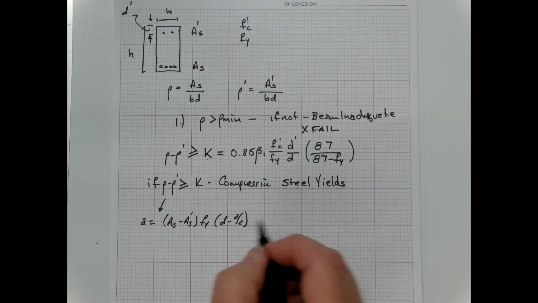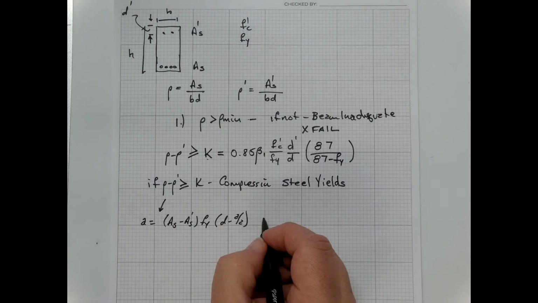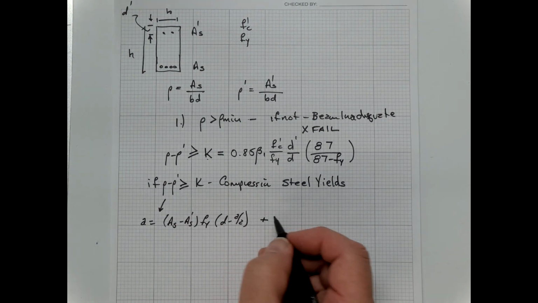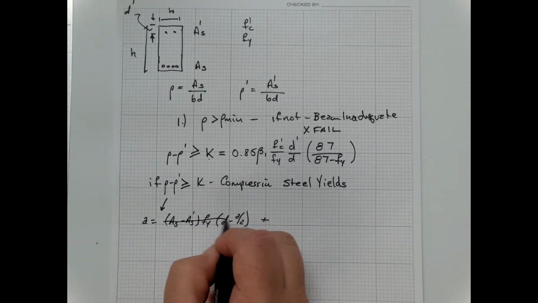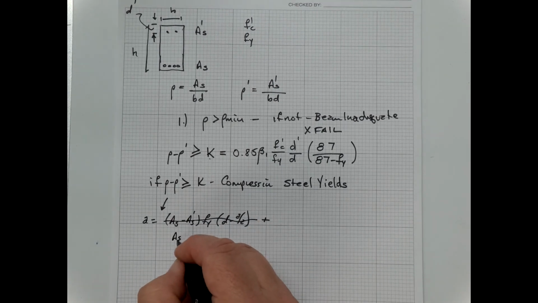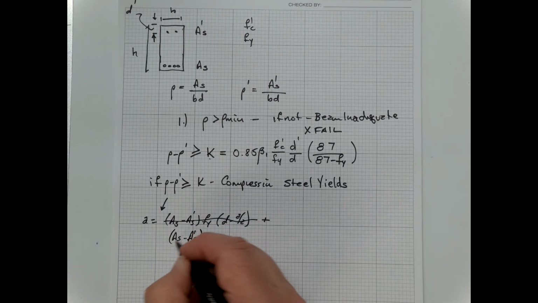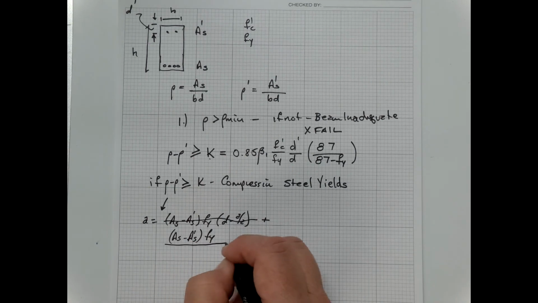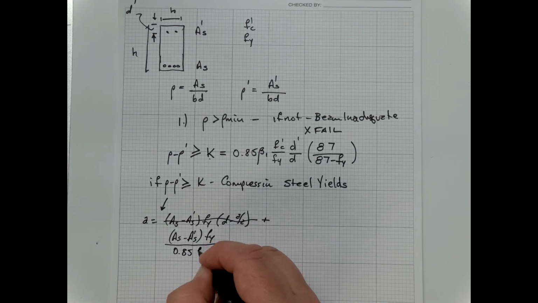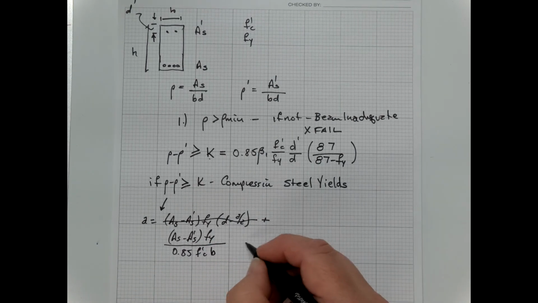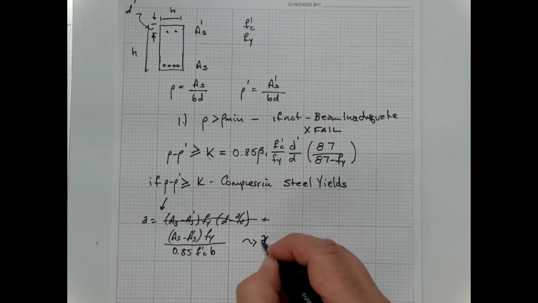That's the first beam. Plus, A is equal to A sub S minus A prime sub S, F sub y over 0.85 F prime c B. That will spit out a value for A.